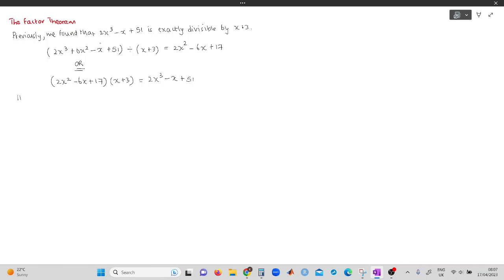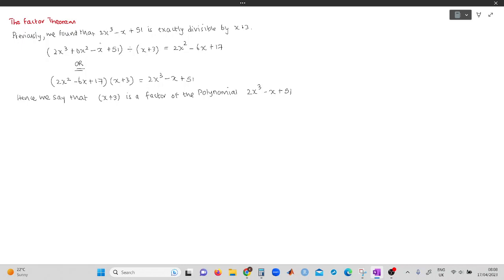Here we can say that x plus 3 is a factor of the polynomial. It is a factor of the polynomial 2x cubed minus x plus 51. Okay? Donc, we can prove it another way also.